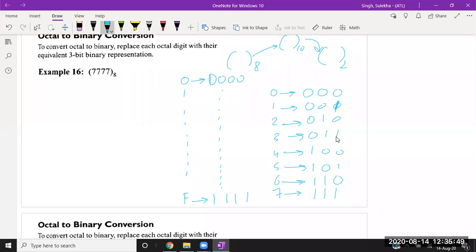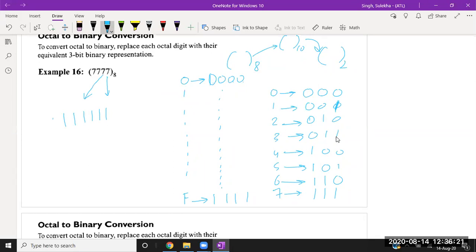So what's the method of converting it directly? You need to take each digit individually. Like you take this 7 and write it separately in its binary representation in 3-bit form, because you are dealing with the octal number system. Again the next 7 you will also consider as a 3-bit representation in binary.